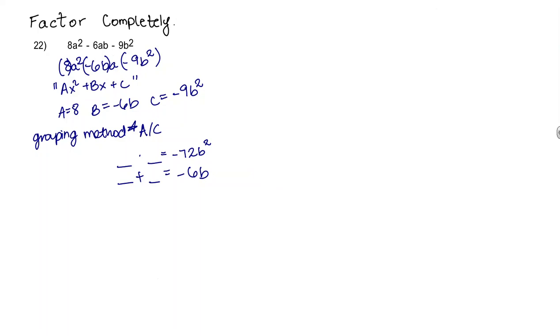So let's go ahead and write out a few factors of negative 72b squared. So right off the bat, we're going to have negative 72b times 1b, positive 72b times negative 1b, negative 12b times 6b, positive 12b times negative 6b, negative 18b times 4b, positive 18b times negative 4b, and on and on.